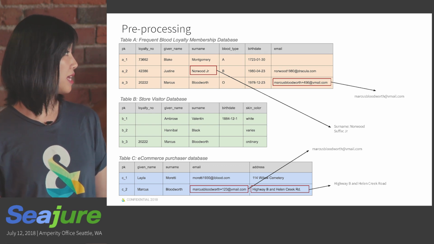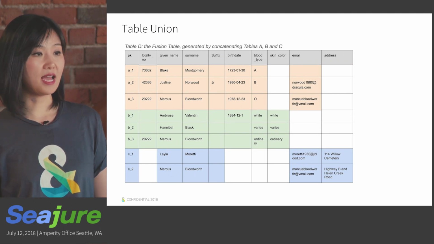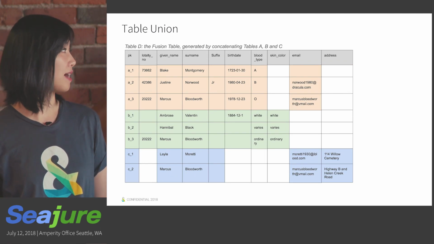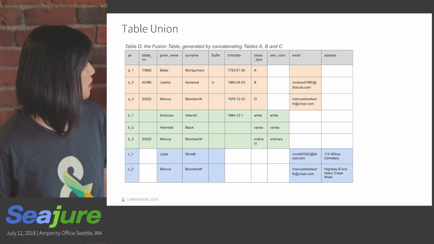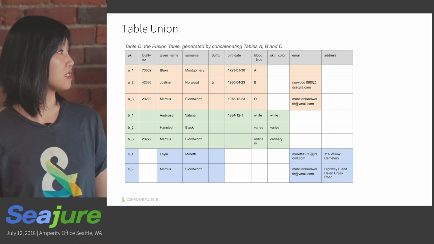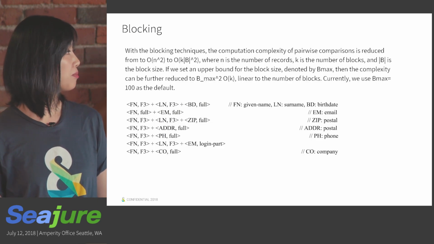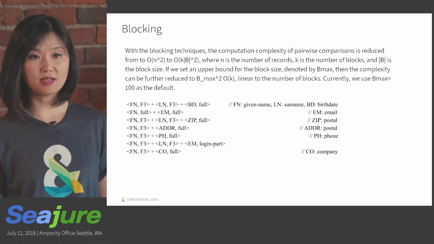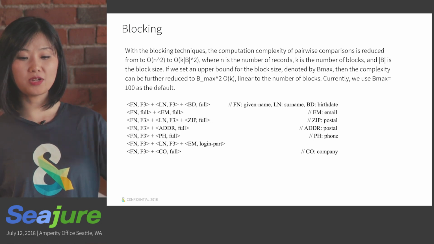And then we union the tables by concatenating all three tables into one, aligning the semantic fields together. For some tables, like the loyalty membership table, you don't have the skin color information, so we just fill that with a null.